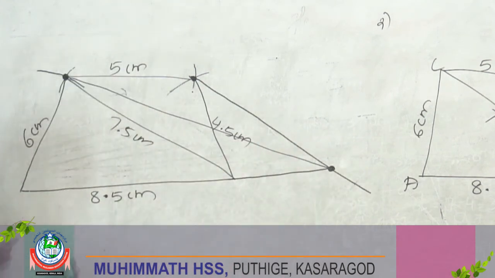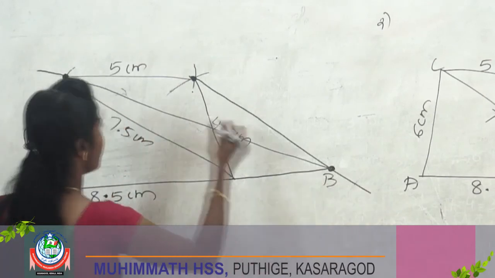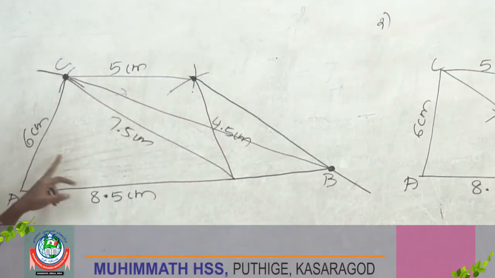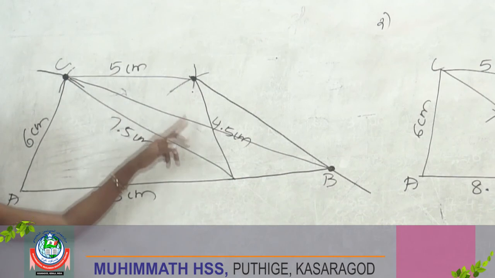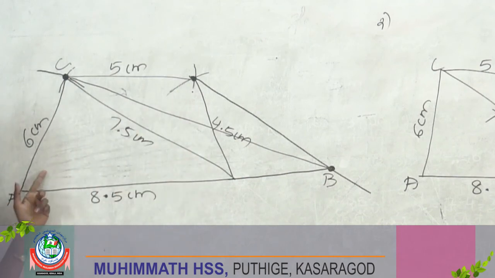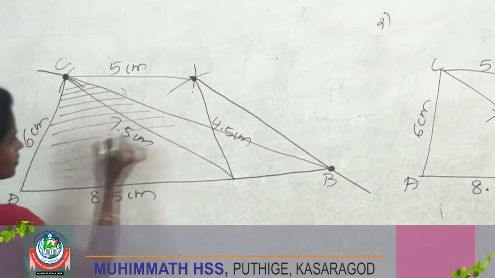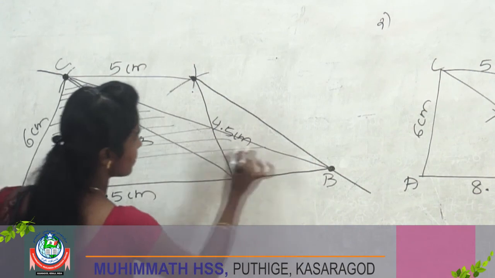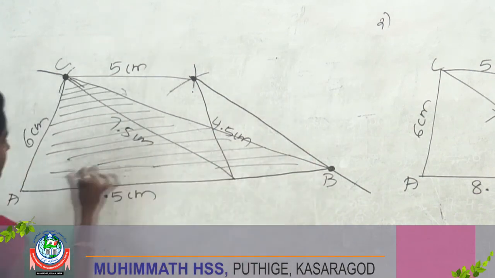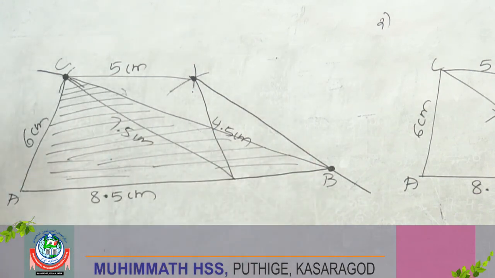Now a triangle is formed here, ABC. The area of this quadrilateral is equal to the area of the triangle ABC. Now shade such a part. Here also we have to calculate the area.